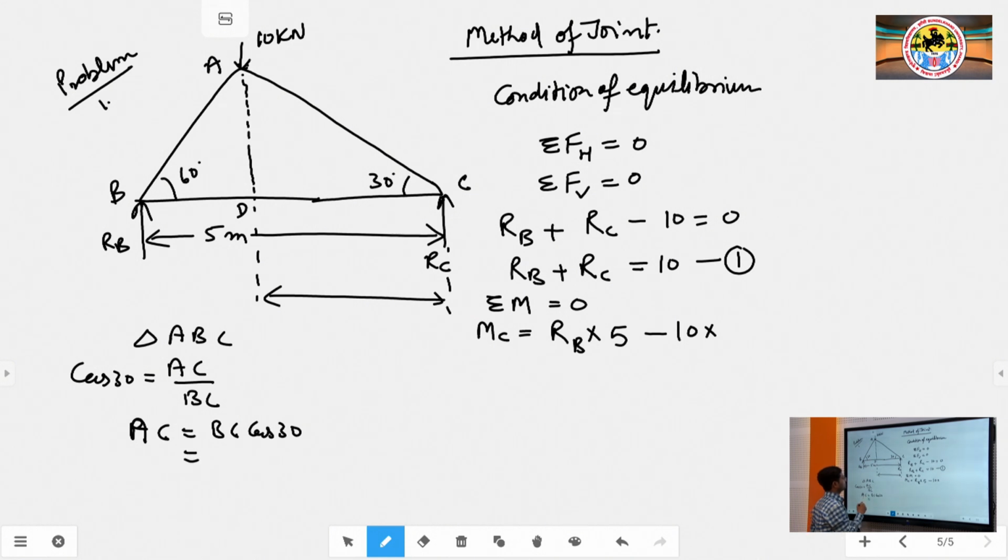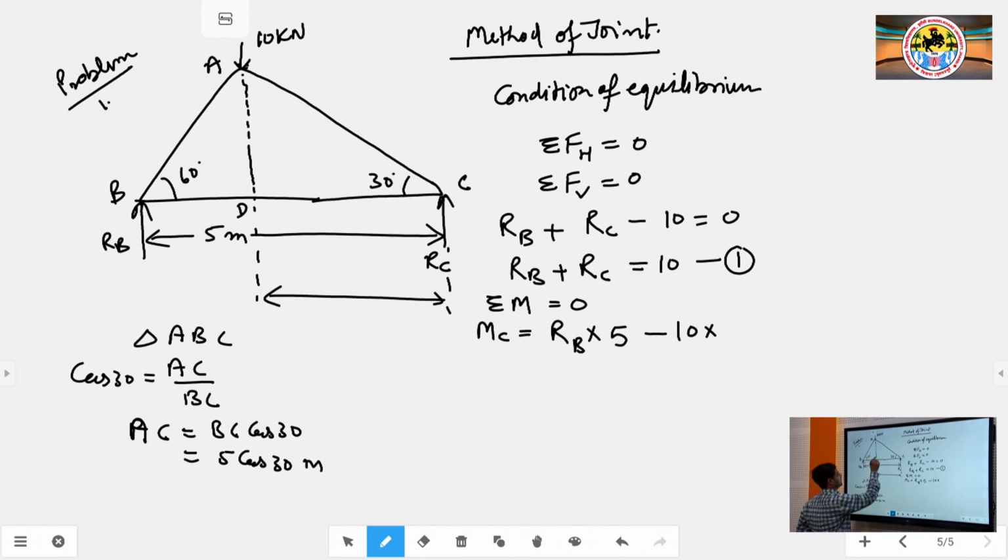So, BC is how much? BC is 5. So, it is 5 cos 30. The unit of the AC length is meter.